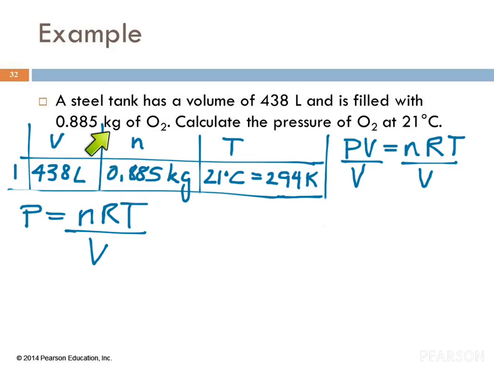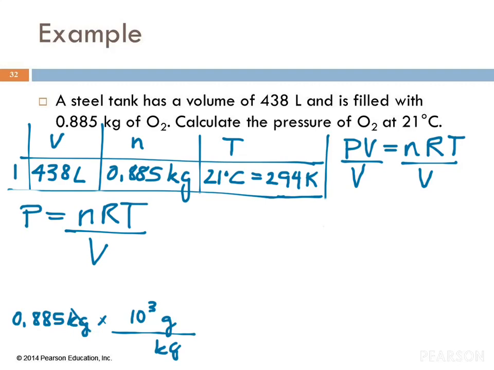They tell us it's this many kilograms of oxygen. So 0.885 kilograms. I first need to get that into grams. I've got kilograms on the bottom, grams on top. Kilo means 10 to the third. I put what the prefix means on the other side of the line from the prefix.